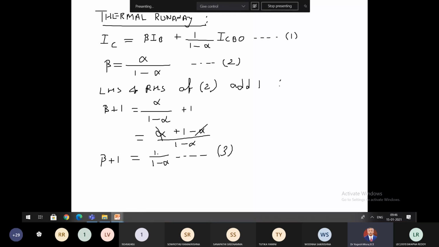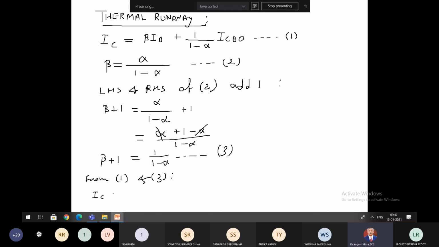Now beta plus 1 is equal to 1 by 1 minus alpha. This beta plus 1 I will put here in equation number 1 in place of 1 by 1 minus alpha. Therefore, from 1 and 3, what we will get?